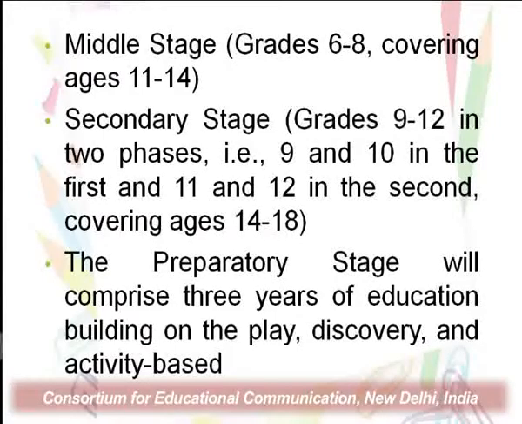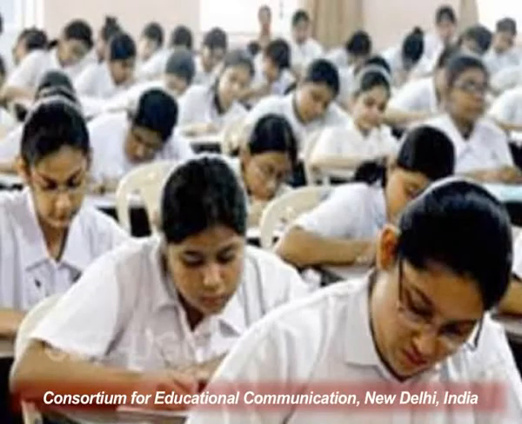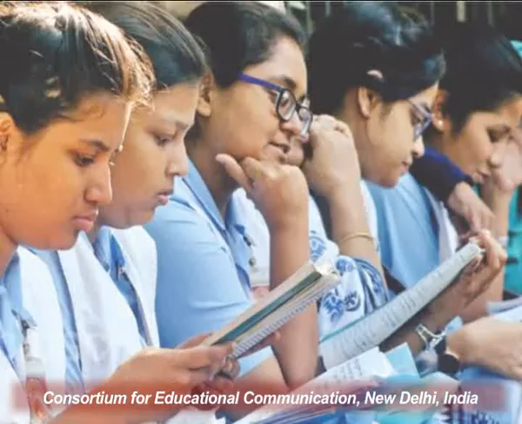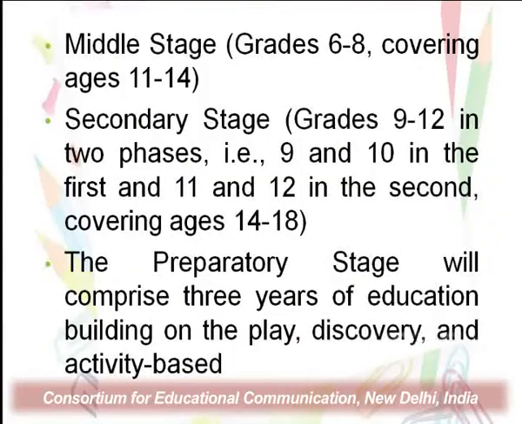Then there is the secondary stage, which is grades 9 to 12 in two phases: 9 and 10 in the first phase, and 11 and 12 in the second phase, which covers age 14 to 18. So, this is the secondary stage consisting of two phases.